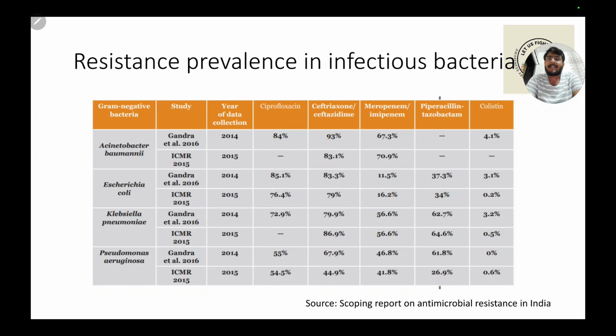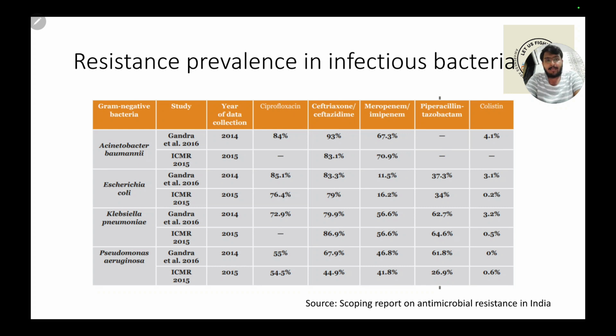There are several studies which have been carried out by researchers in India and also by the Indian Council of Medical Research, which is called ICMR, to understand the prevalence rate of resistance in infectious bacteria in the country. So right now, the table that you see on the screen speaks about 4 pathogenic strains.